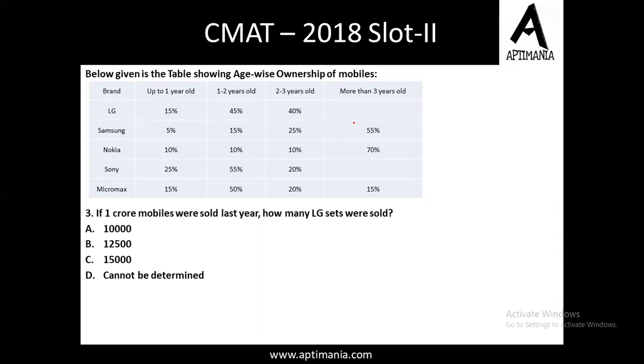So, interpretation of the table is like, when I'm talking particularly about a brand like LG, so all the mobiles available in the market for the brand LG, 15% of them were bought in less than 1 year, 45% of them were bought in 1 to 2 years, and 40% of them were bought in 2 to 3 years. Right? Same for Samsung, it's 5% for less than 1 year, 15% for 1 to 2 years, 25% for 2 to 3 years, and 55% for more than 3 years old mobile.